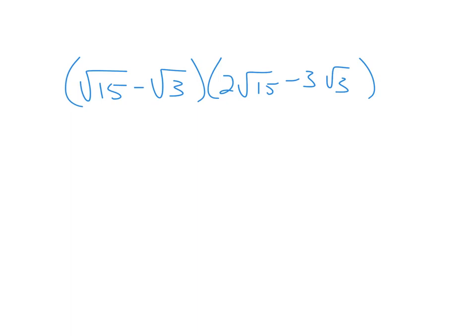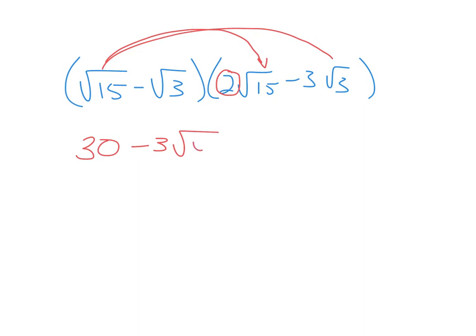So you're going to have to put a lot of things together here. Thing one is you're going to have to remember root 15 times root 15 is just 15. So 15 times 2 is 30. And then root 15 times negative 3 root 3 is going to give me negative 3 root 45.